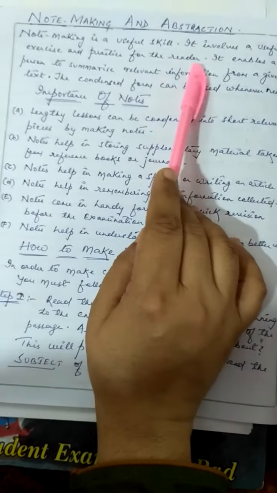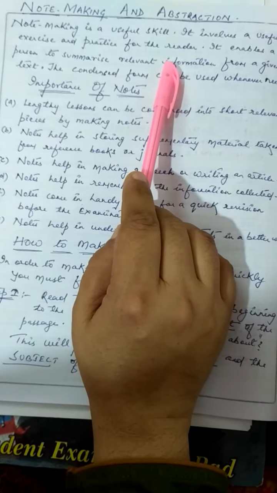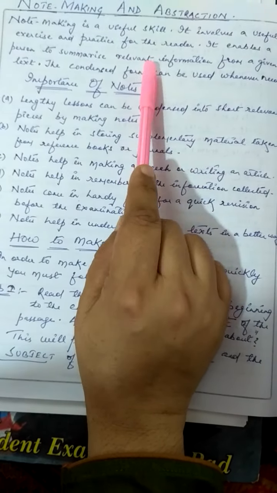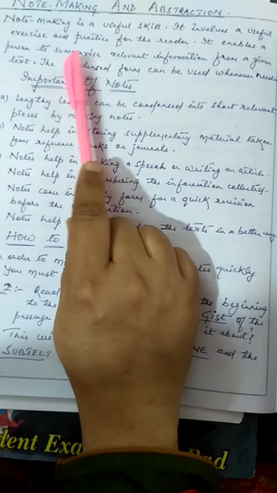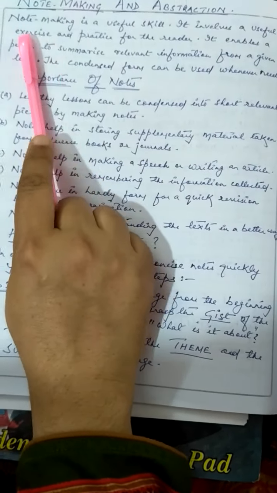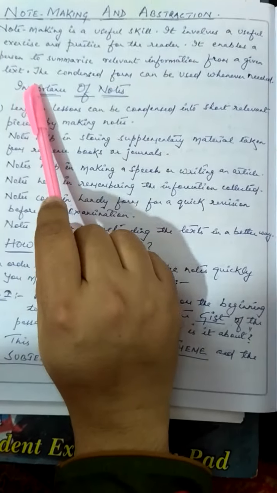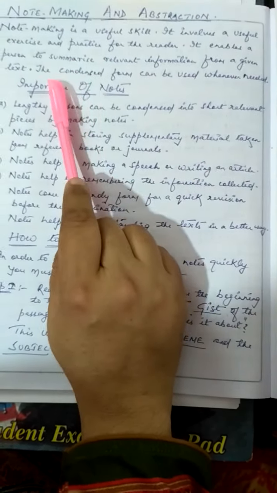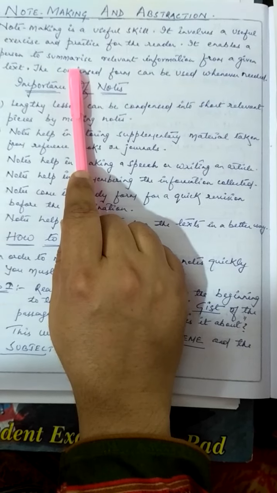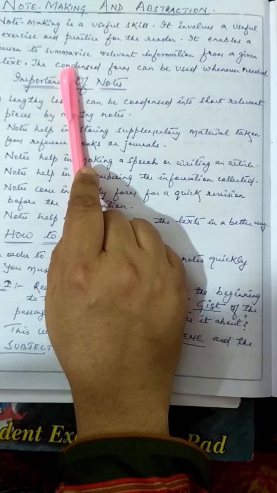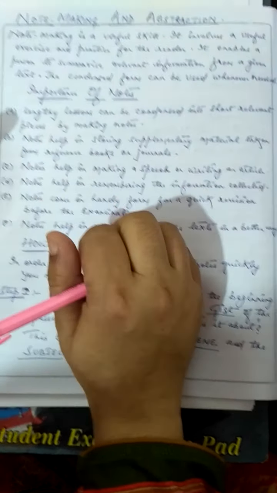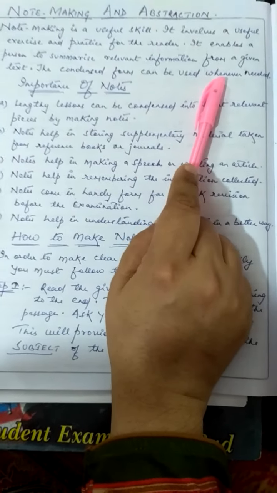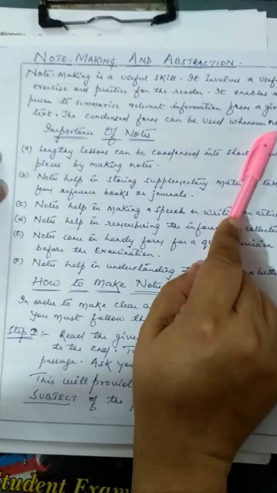You have collected your information from the written article and try to summarize that part, which is in the form of note making, right? The condensed form can be used whenever needed. Condensed means what? In a short form, in a very short way. The condensed form can be used whenever you are in need.